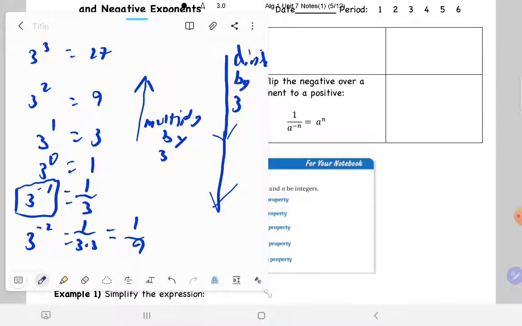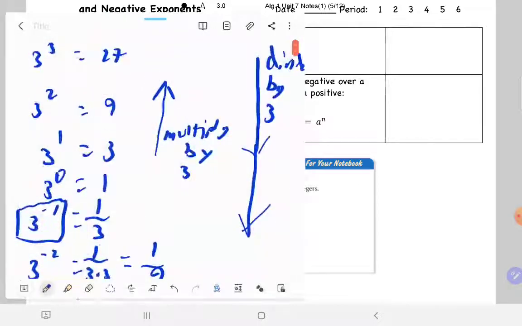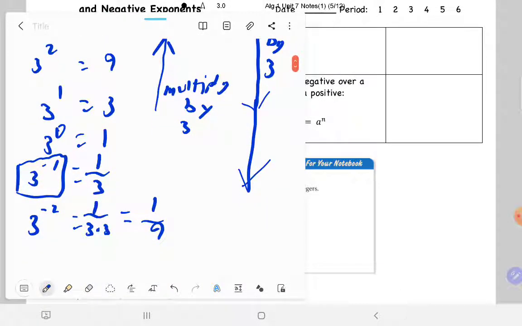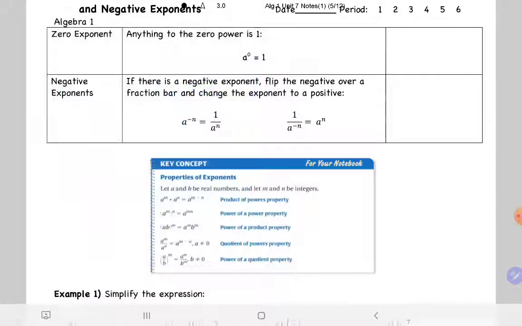So let's compare another thing in these notes. Let's look at 3 squared and 3 to the negative second. 3 squared is 9, and 3 to the negative second is 1 over 9. So notice how it's just flipped.